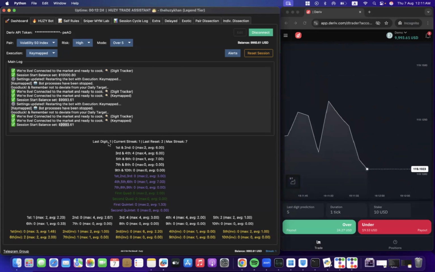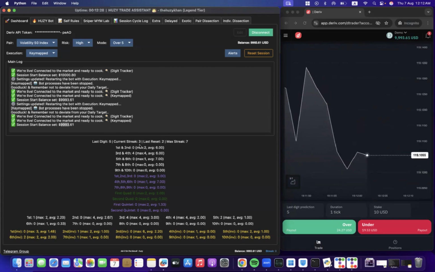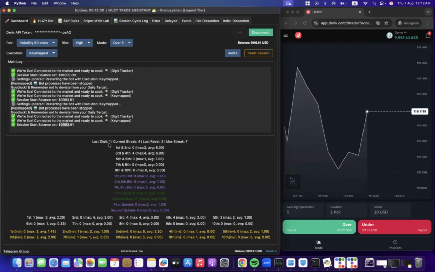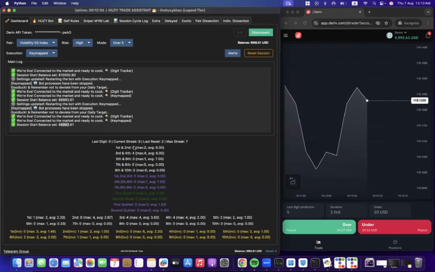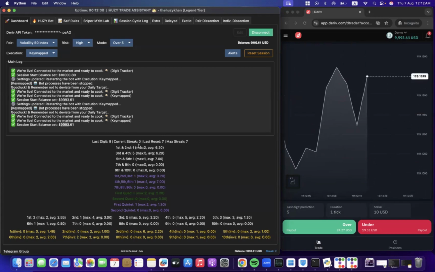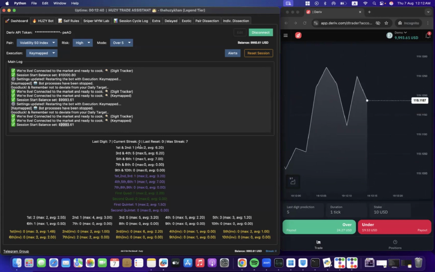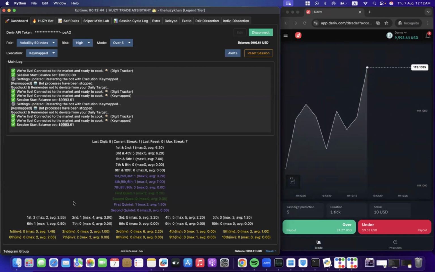Okay, you can see now the winning digit came, it reset the current streak to 0. So whenever losing digits occur consecutively, you are going to see the current streak go up in value, which you can see now a winning digit came, it reset to 0.